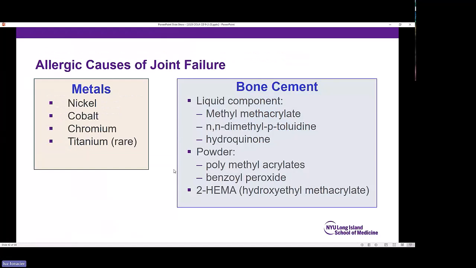Among allergic causes, metals, nickel, cobalt, and chromium are more commonly reported, but titanium has rarely been reported. You have bone cements, and you have to test bone cements as well. Your acrylates, hydroquinone, and then you have your liquid component and your powdered component and your HEMA, or hydroxyethyl methacrylate.